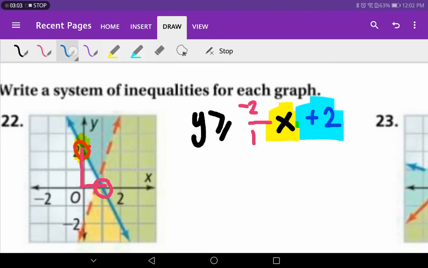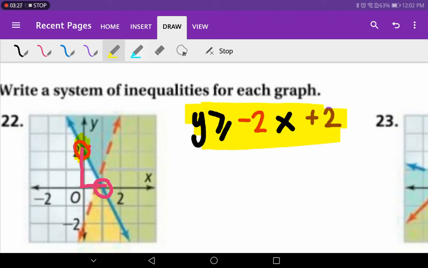Now this one, I can write it -2 directly, okay? So don't worry about it. So it is -2x +2. Okay, my dear student, we're done. This is the first inequality that comes from the blue line here. Again, the blue line is a solid line, and the area for this blue line is coming from here above, because of that it is greater.